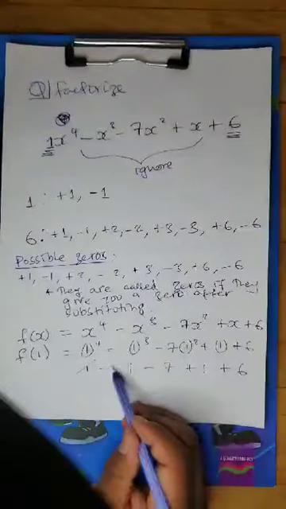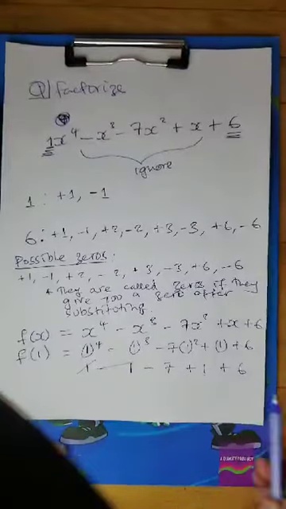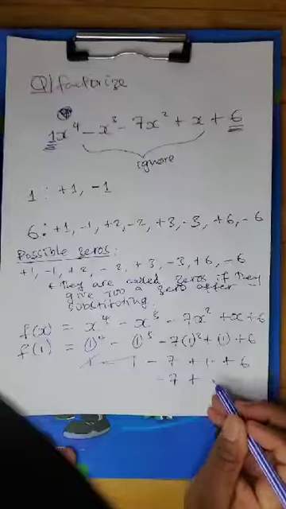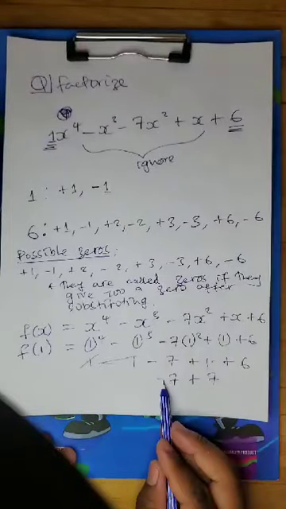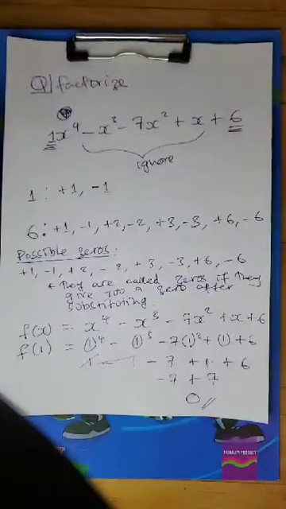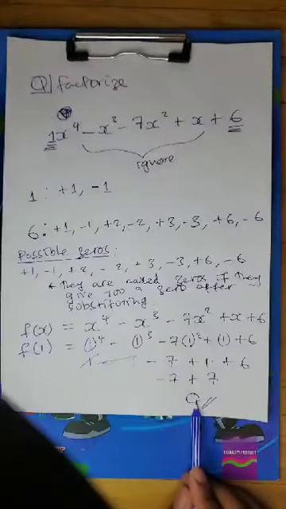So this 1 and the negative 1 cancel out. The 1 adds up with the 6 to give us 7. We get negative 7 plus 1 plus 6 will give us positive 7. Negative 7 plus 7 will give us 0. So we've plugged in x as 1, and that has given us 0.